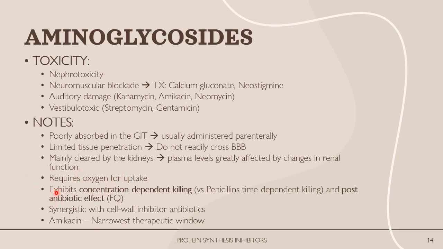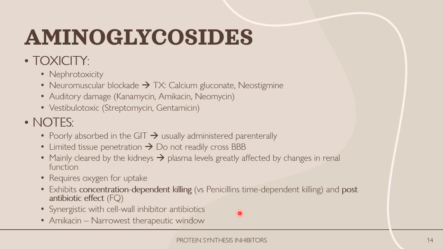Next, aminoglycosides exhibit concentration-dependent killing. So what does this mean? As the plasma level of your aminoglycoside increases, the killing power of your drug also increases. So the dosage is directly proportional to its effect.